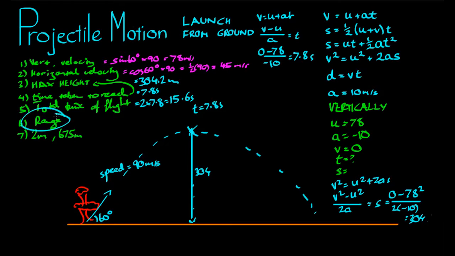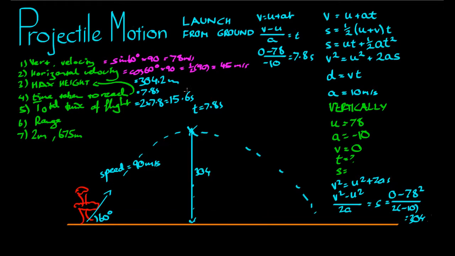Now we can find the range. I said gravity only affects the vertical velocity. The horizontal velocity does not change. So this 45 meters per second, the velocity at which the object is moving that way, will enable us to find the range.